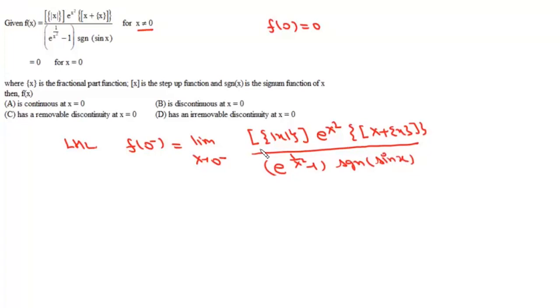Now we know that the greatest integer function of a fractional part is always 0.